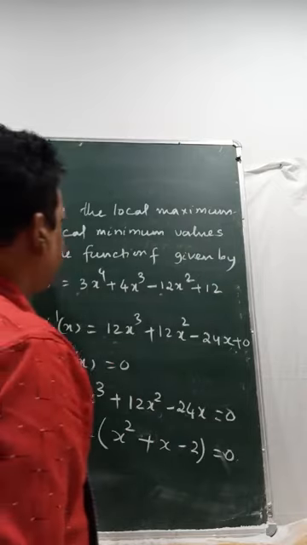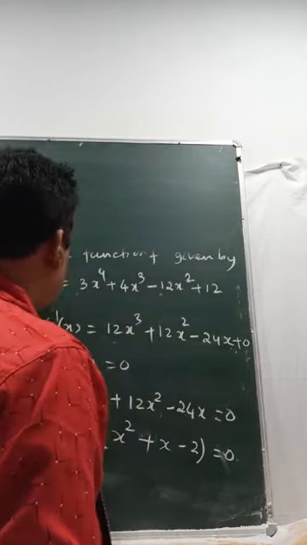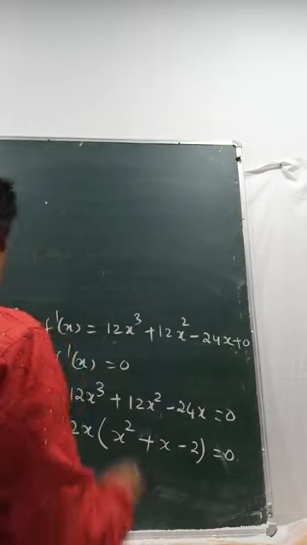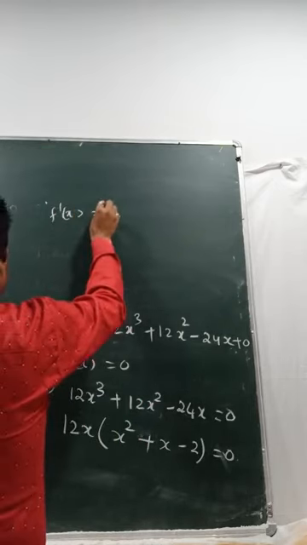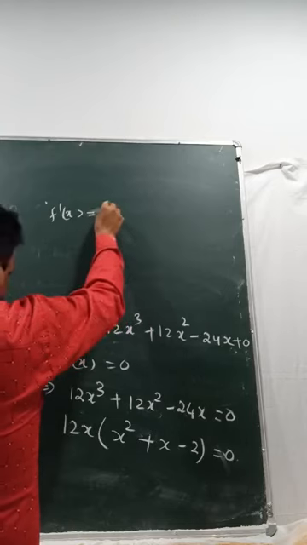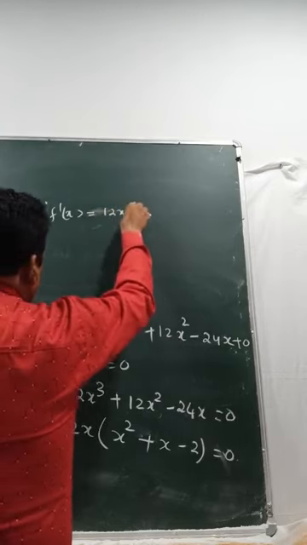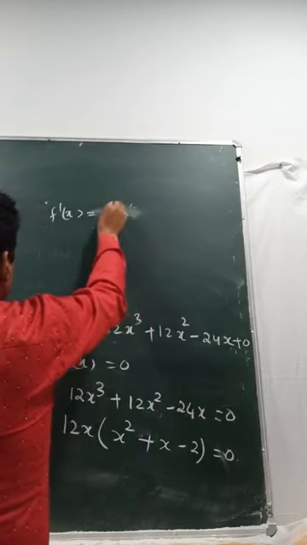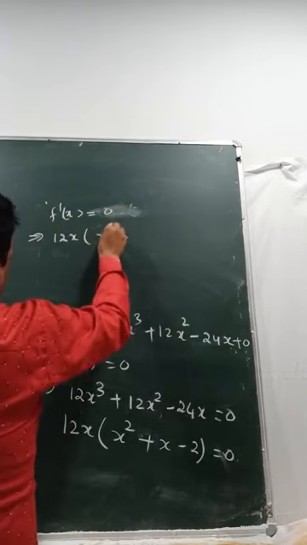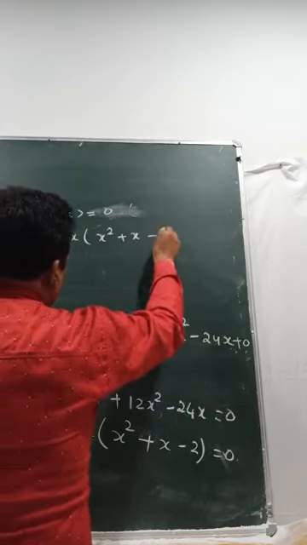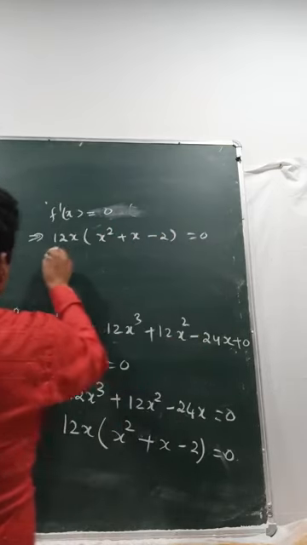So you have to find the values of x. F dash x equals 0 implies 12x into x square plus x minus 2 equals 0.